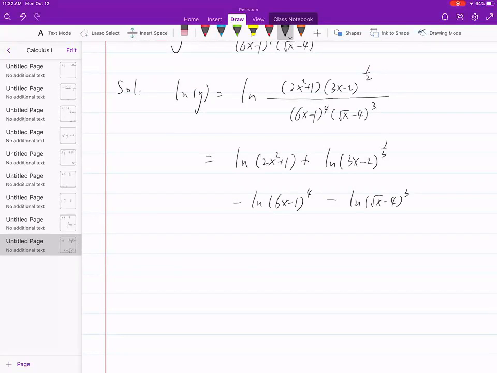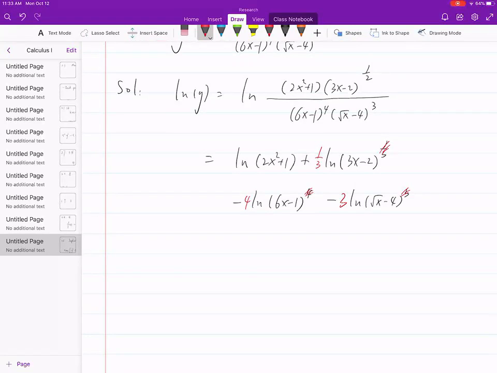Second property, if you see a power, bring it down. So the whole ln y becomes this after you split all the multiplications using the properties of logs. Which again goes all the way back to pre-calculus and college algebra. Sounds good?